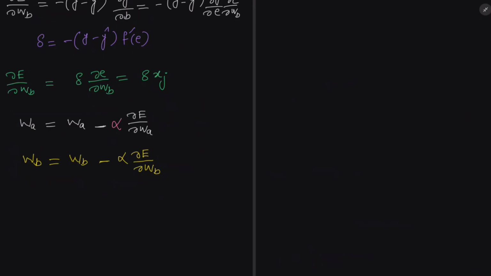When you probably read some paper on machine learning, they talk about this optimization in the back propagation. They also talk about the alpha, and alpha is basically the learning rate.